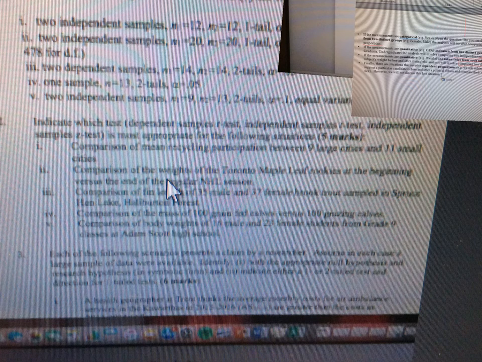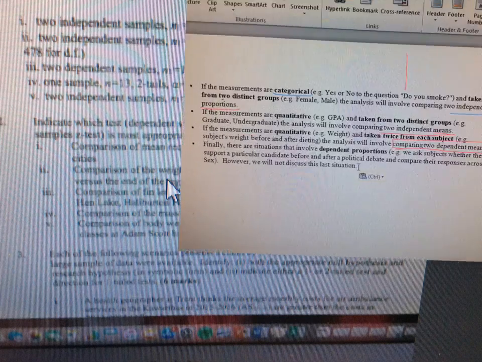It's a comparison of the mean of recycling participation between 9 large cities and 11 small cities. So we're comparing means, not proportions, but these two populations are independent, and this is categorical, right? Because it's just, do you recycle or don't you?